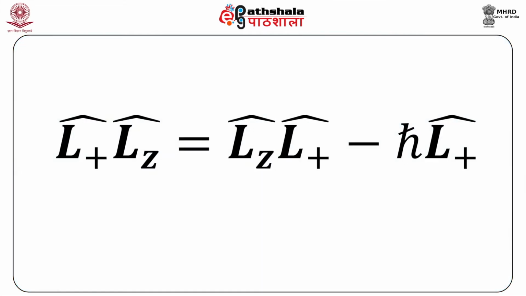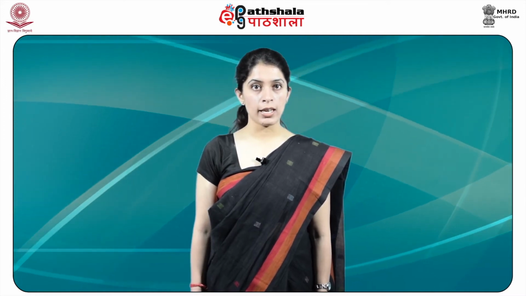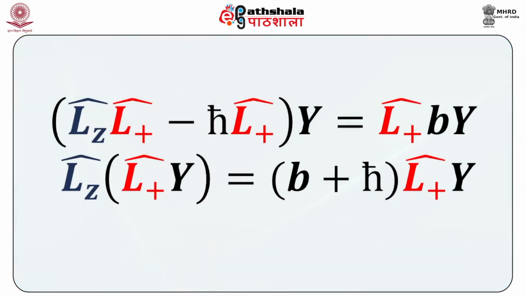We have already derived one commutation relation between L plus and Lz, where the result has been obtained as L plus Lz is equal to Lz L plus minus ħ L plus. Substituting this result in the equation gives us the expression (Lz L plus minus ħ L plus)ψ equals L plus bψ. Further, this can be rewritten as Lz L plus ψ equals (b plus ħ) L plus ψ.